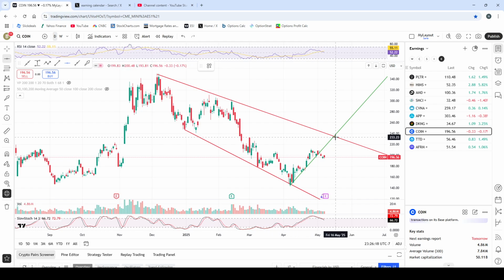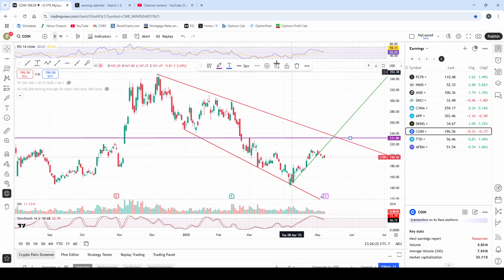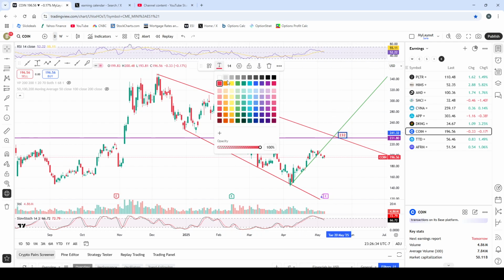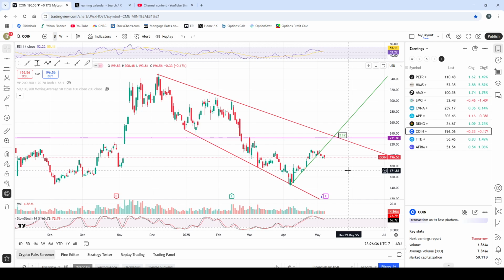So I'm thinking I'm going to go up here with really good earnings. And 232 is the level.